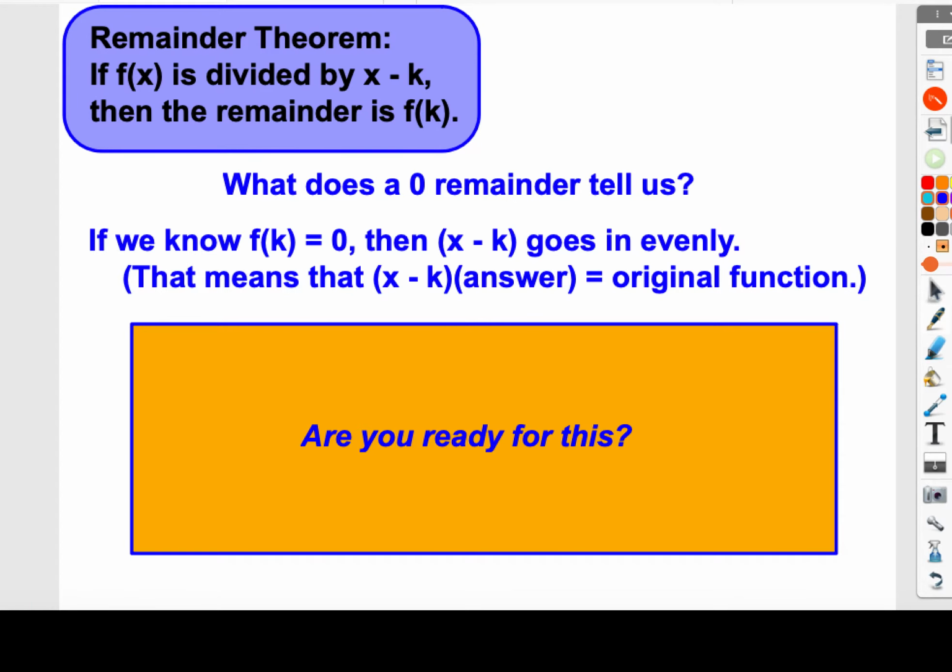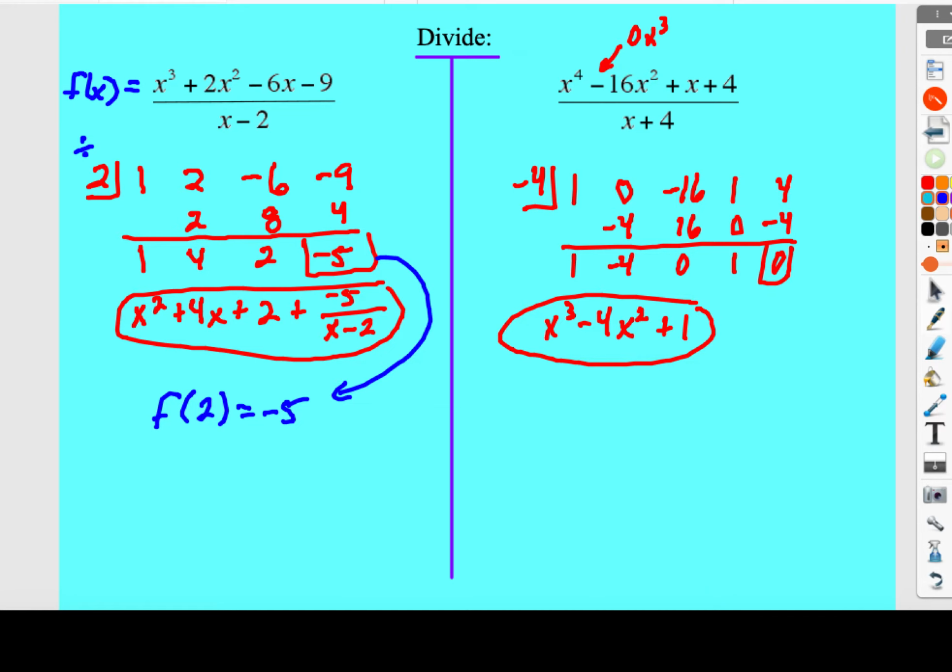If f of x is divided by x minus k, a factor, or what a possible factor would be, then the remainder that we get is f of k. So that's basically what we just said. F of 2, plugging 2 into that numerator, into the dividend, would give us -5.